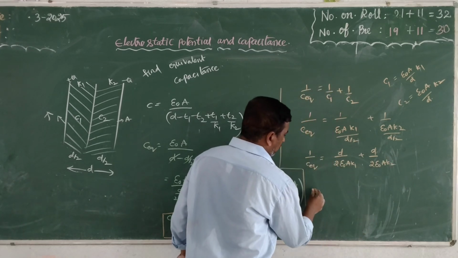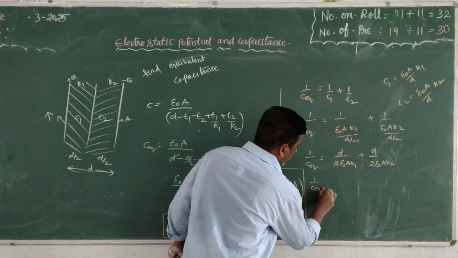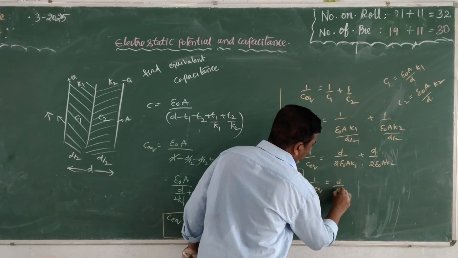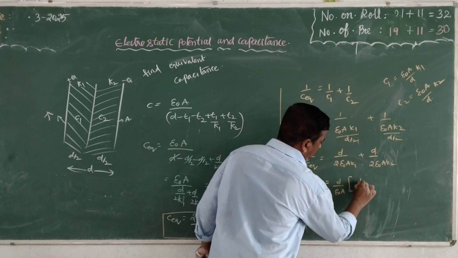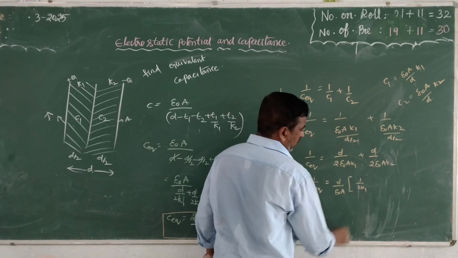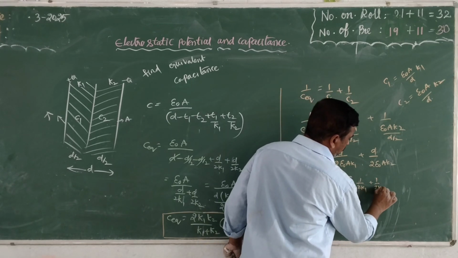So d by epsilon naught A common. 1 by C equivalent equals d by epsilon naught A common. What we get now here: 1 by 2 K1 plus 1 by 2 K2.